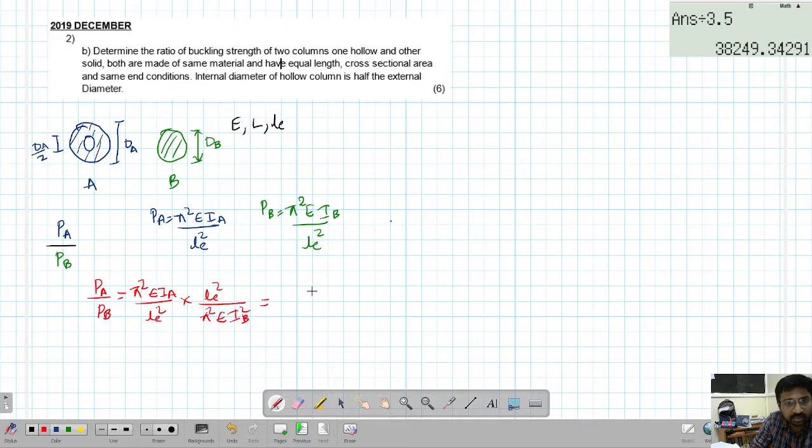So this is nothing but the ratio of moment of inertias, IA to IB. So the ratio of Euler's buckling load for this condition is equal to IA by IB. Now we just have to find IA and IB and write the solution. Now let's say we will calculate IA first.